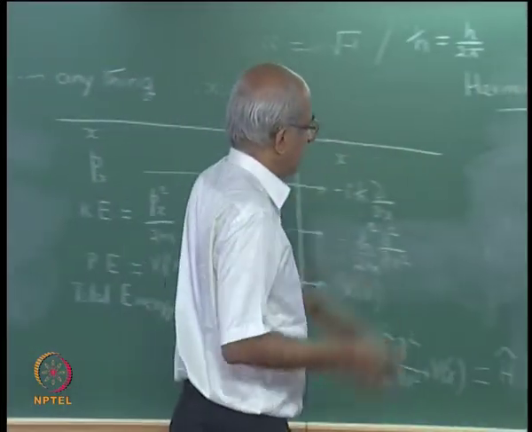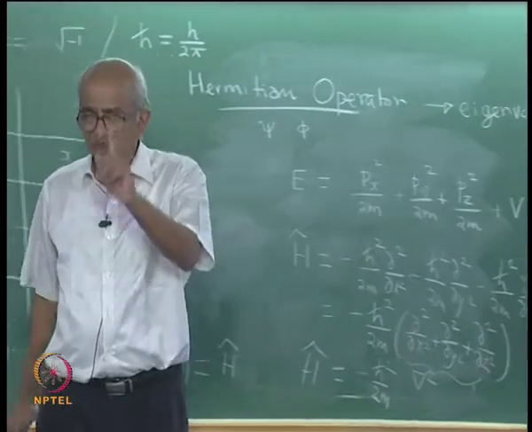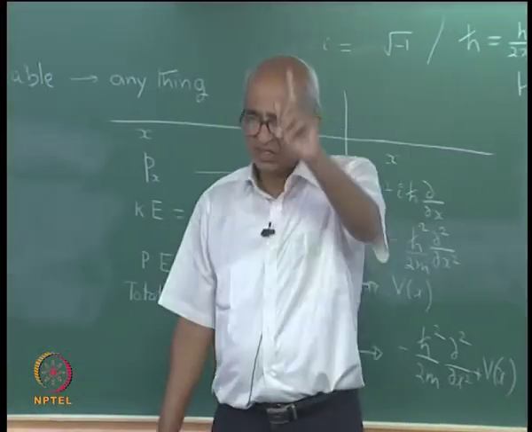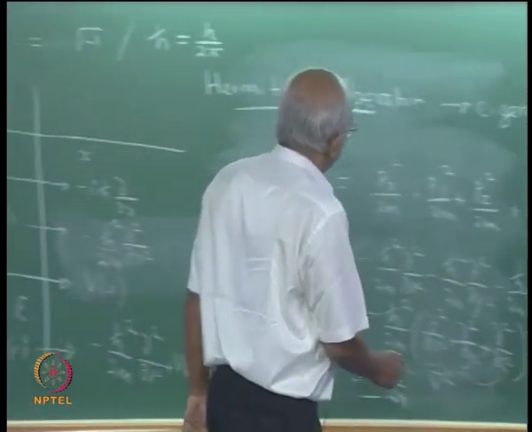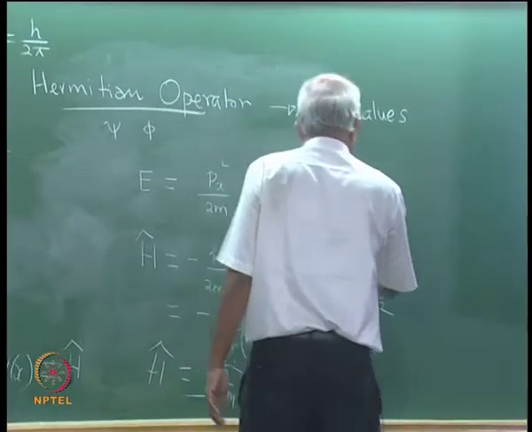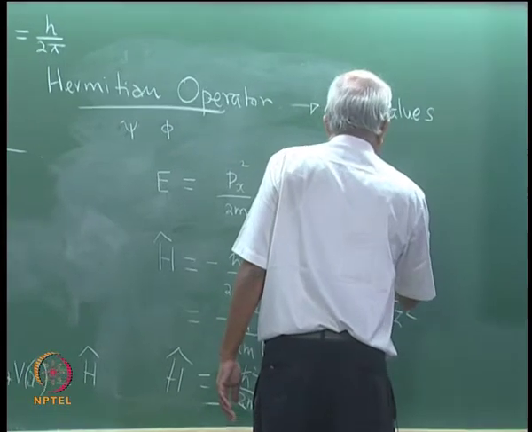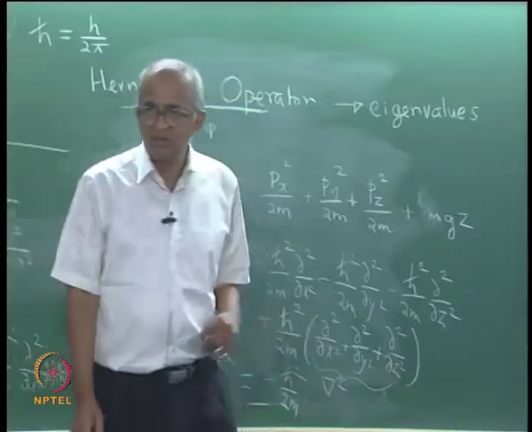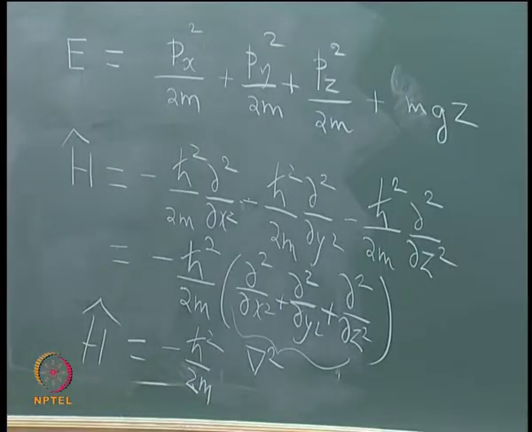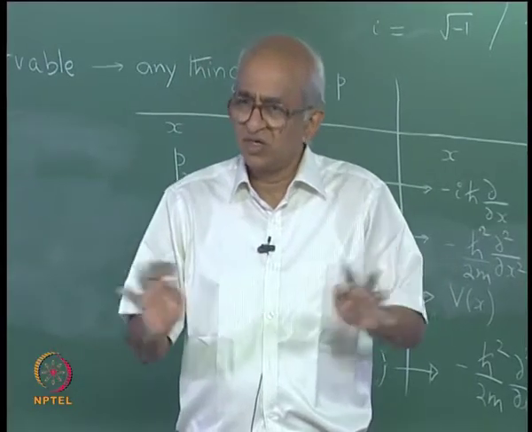So, you can say, okay, the z coordinate measures the height of the particle from, let us say, the floor. So, therefore, if that was the way it was, gravitational energy would be mg z. Okay, but as I said, in most of the things, gravitation is not at all important.